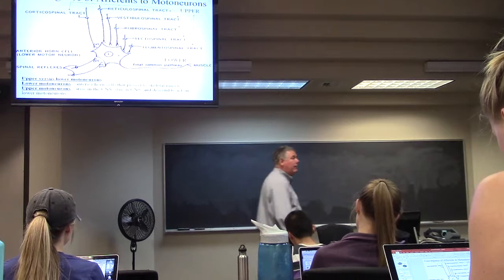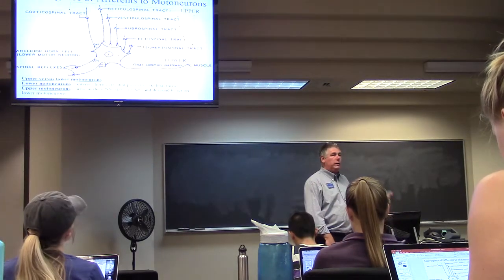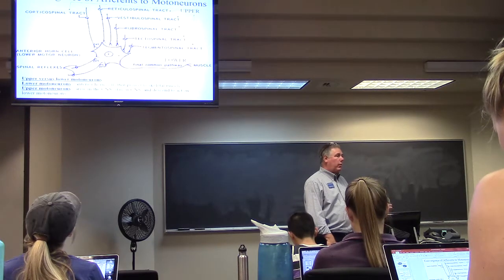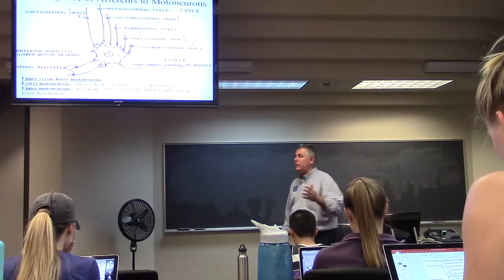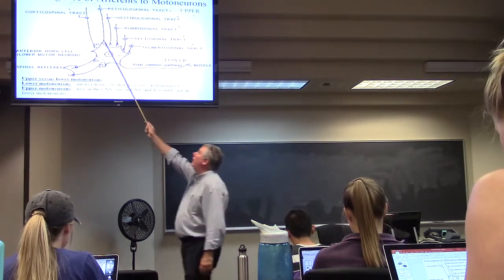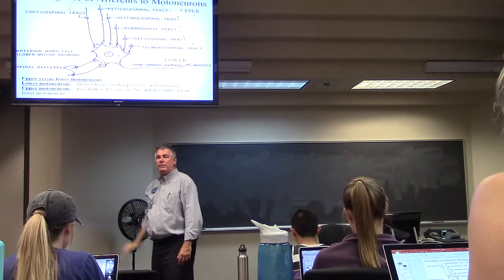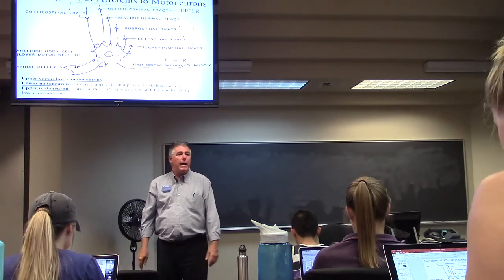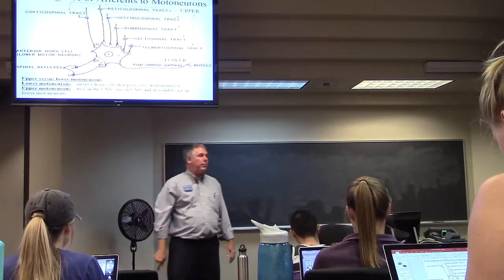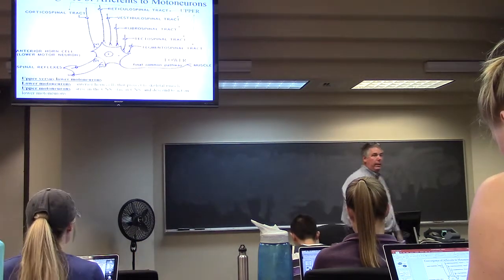Okay? Everything else you can consider an upper motor neuron. You see all of these things over here? We talked about vestibulospinal, we talked about rubrospinal. Tectospinal comes from a place called the tectum, which is a visual pathway.